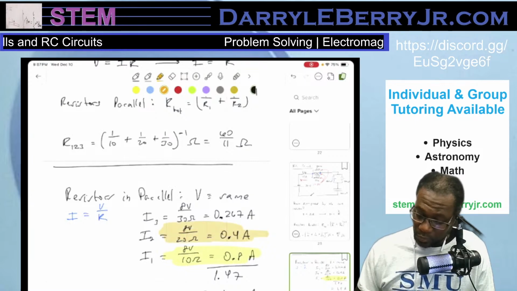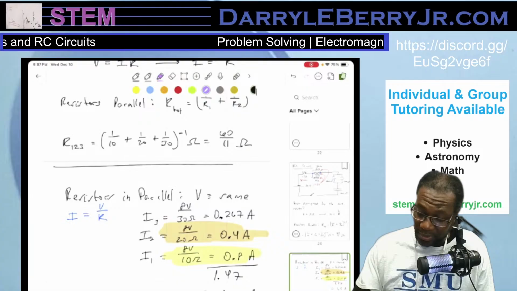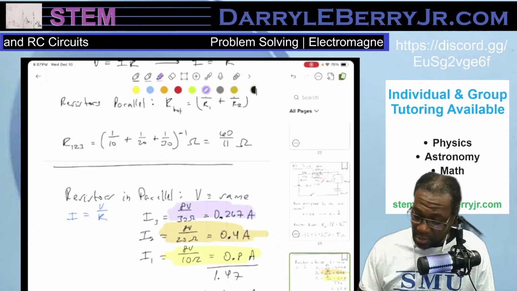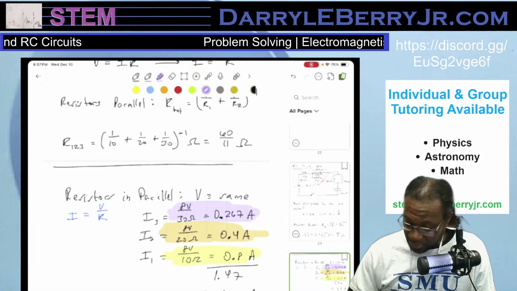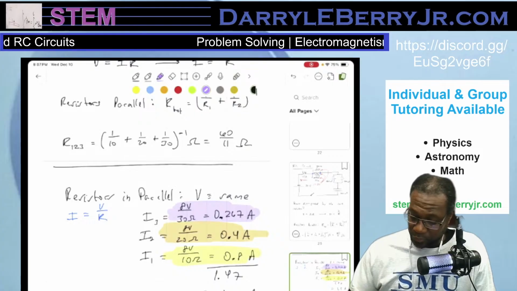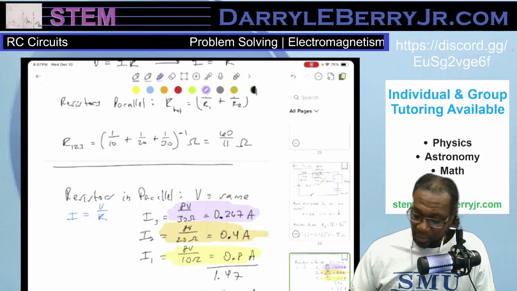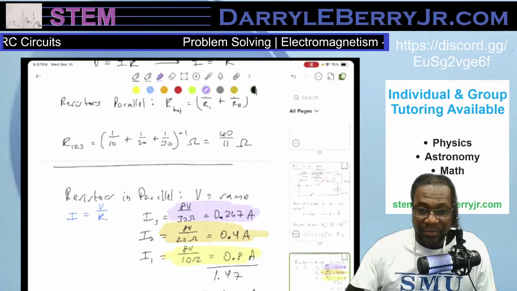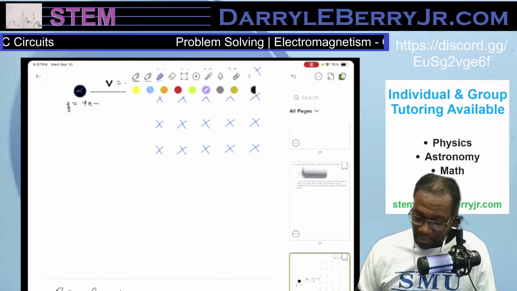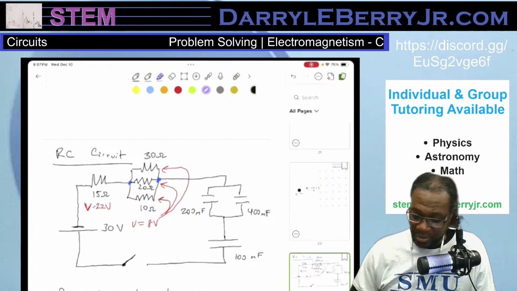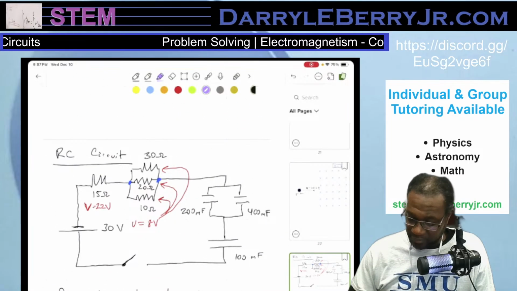The 20 ohm one has 0.4, and as the resistance goes up, the current goes down. But if we add together the current going through each one, it equals the current going through the entire circuit, because that is just what it is because of the battery and the equivalent resistance.